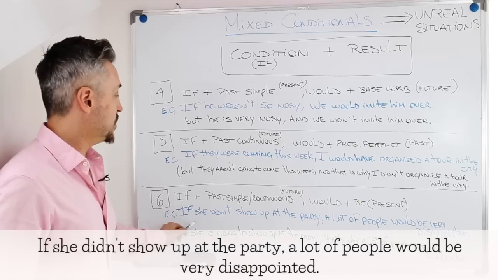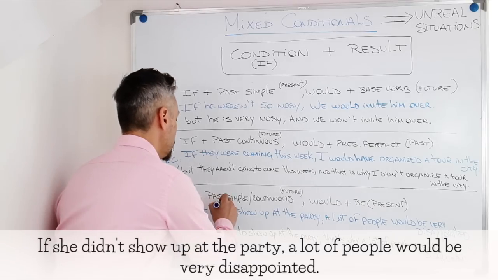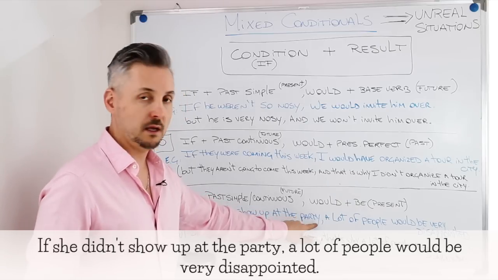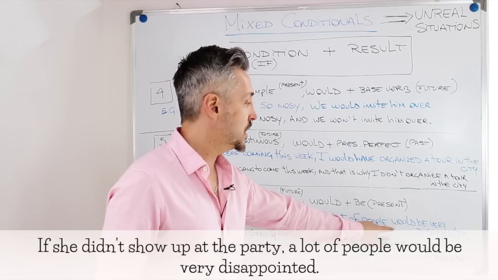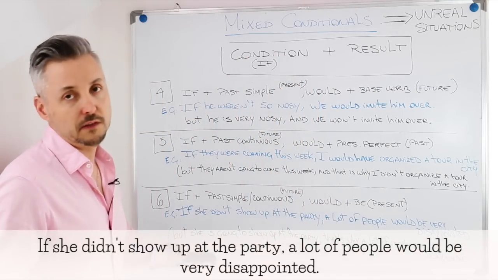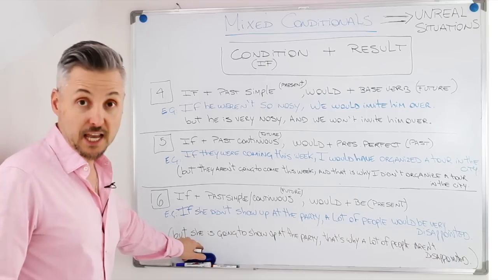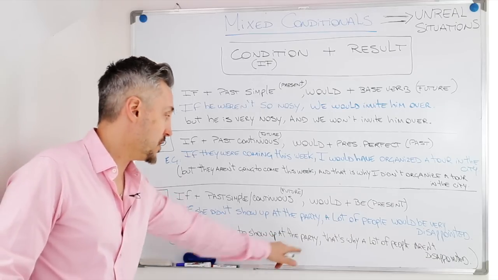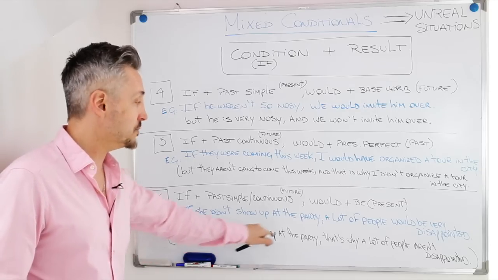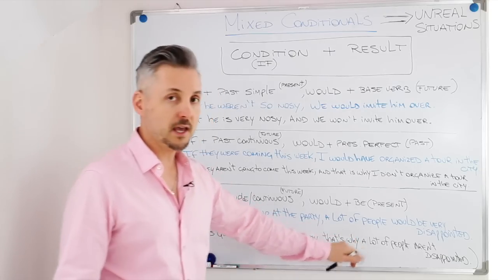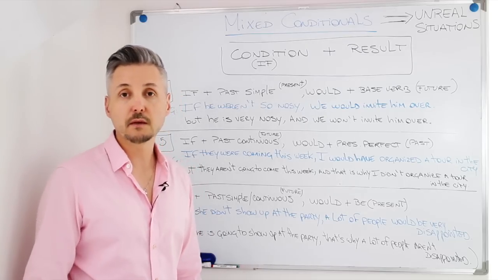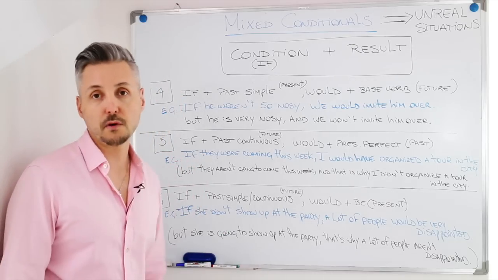So, if she didn't show up at the party, a lot of people would be very disappointed. Okay? So the explanation I wrote is, she is going to show up at the party. Show up means to come to the party. That's why a lot of people aren't disappointed. They're happy because she's coming to the party.